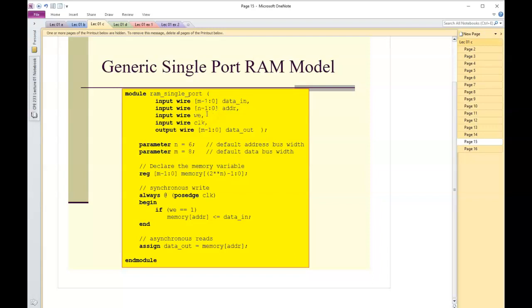So n here, 2 to the n is the number of things I can store because it's associated with the address. The width of those things that I'm storing is m. So this is essentially a 2 to the n by m drive.